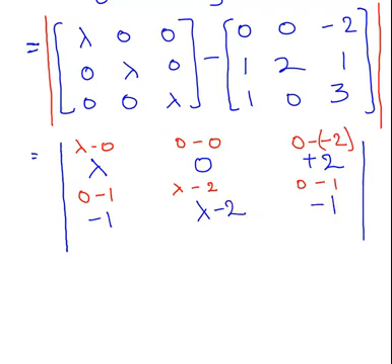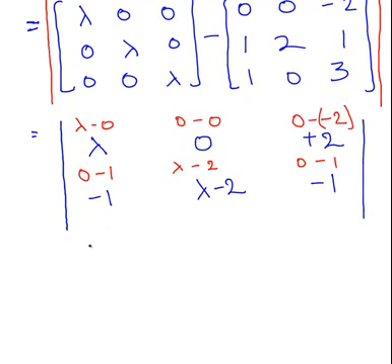The last one is minus 1, 0, and lambda minus 3. That's the bottom row.